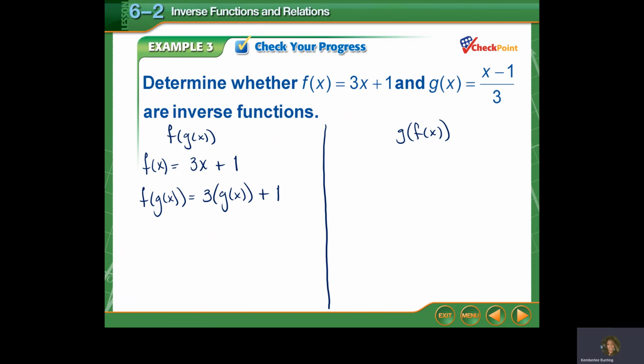I want you to do this like the previous example. Very good. Keep going. There you go.